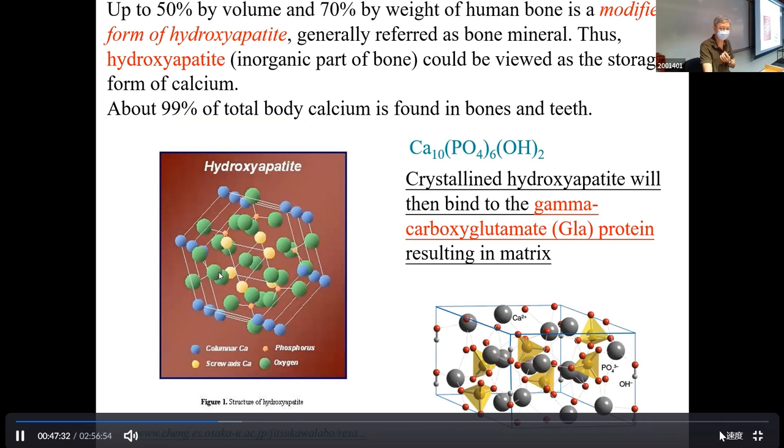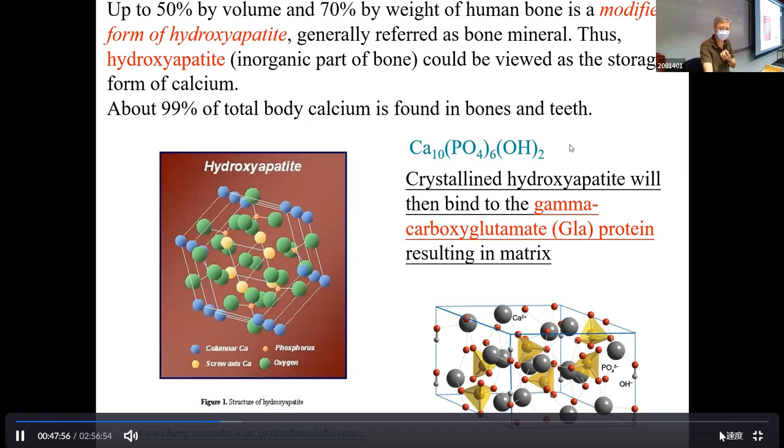This is just a cartoon of the structure of hydroxyapatite. Depending on when the drawing was made, the more recent one will have a slightly different structure. Again, this is just to show you, and you don't need to memorize it.